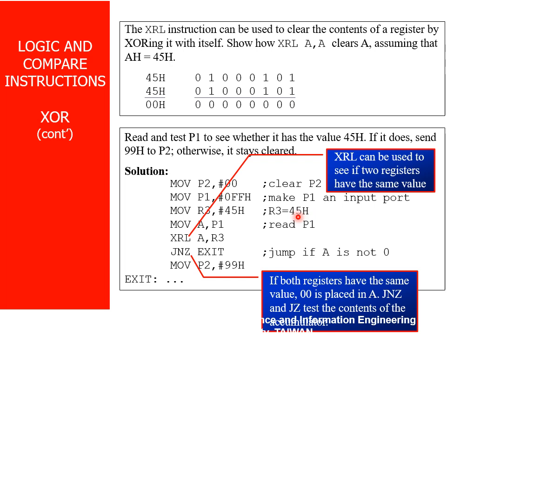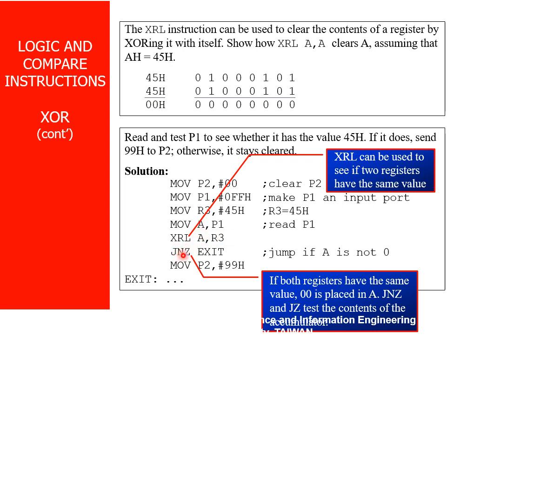R3 is 45. Now from P1 the data is going to A. Whatever is in P1 will come to A. Now you are XOR operating A with R3. Suppose A is also 45. If both of them are the same, what will A register be? 00.